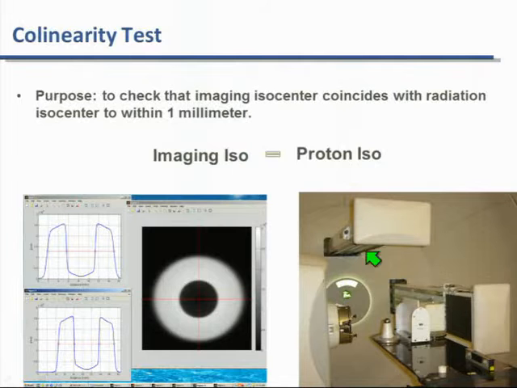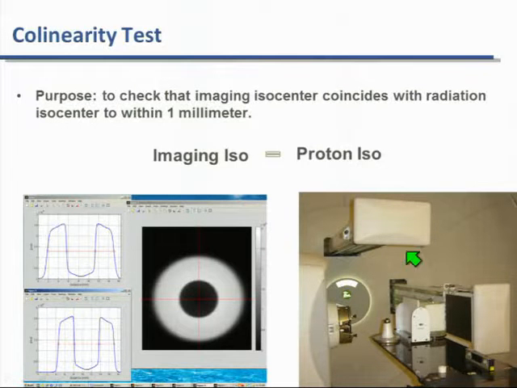And the way you do it is really simple. And again, going back to being creative in your QA design of devices, you have a steel ball with a very well-known diameter that's put on top of a styrofoam cup, and then you've got a film holder over here. You extend the X-ray imagers.